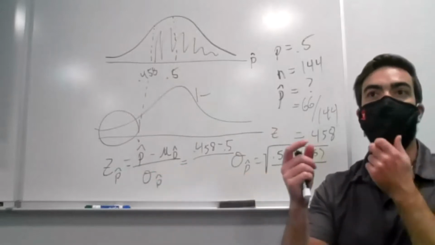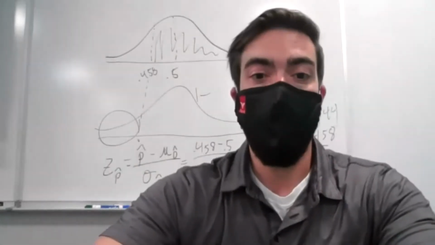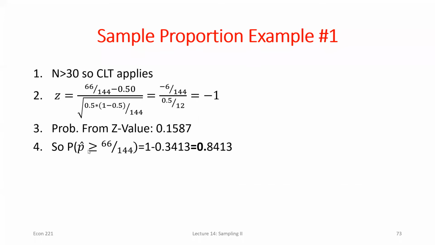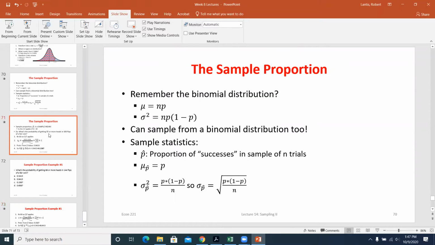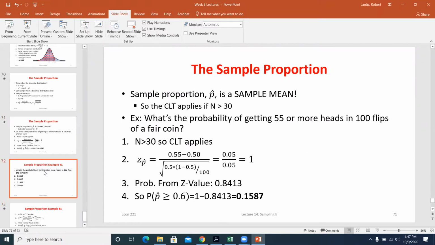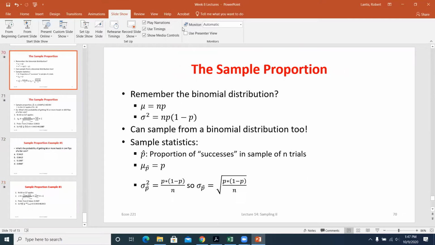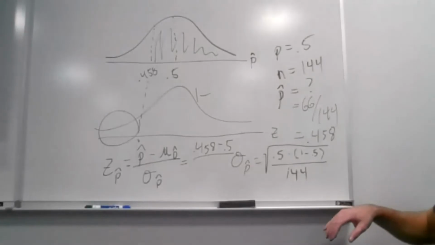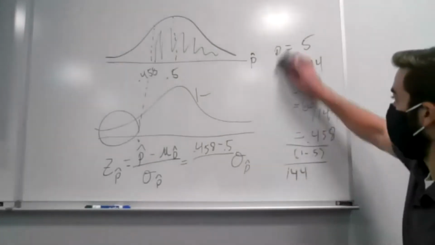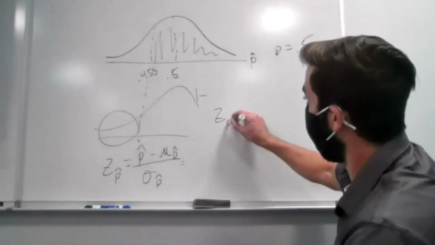I think what happens to some people is we see these equations I give you for the z-score and they look different. I put them up there because if you want to do it all on your calculator at once, the equation you actually want to use would look like this.